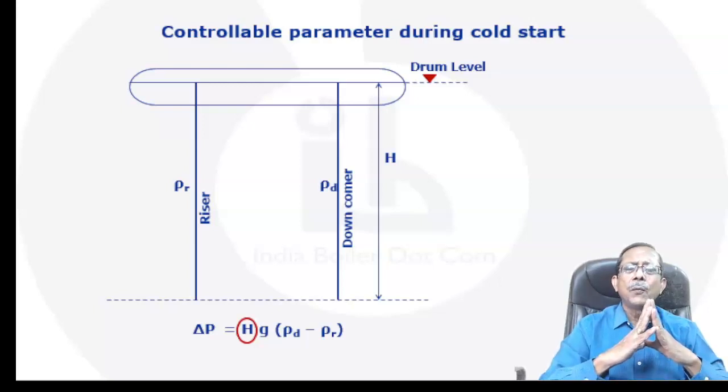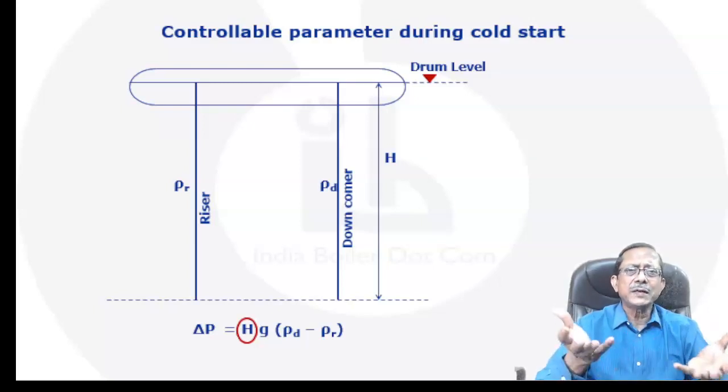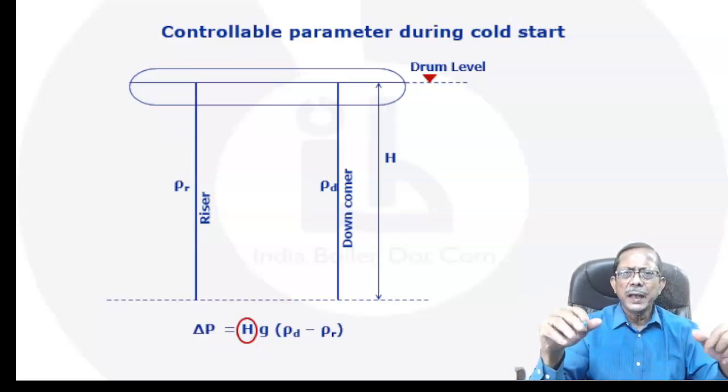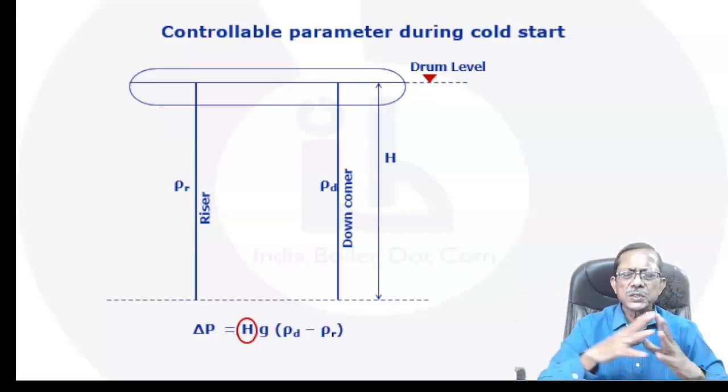So what we do, because of this swelling characteristics, the drum level is continuously trying to go up, and it's very difficult to manually control the drum level at that time, and particularly during the cold start, every parameter is unstable, right? And a person has to look into all these things.